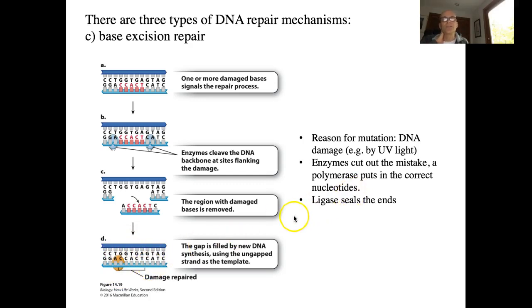So that's sort of the process by which this works, except that for base excision repair, the reason for the mutation here is DNA damage, for example, by UV light, and then it recognizes specific types of mutations and employs its specific proteins that recognize, cut out the mistake, and then take DNA polymerase and DNA ligase to fill these strands.